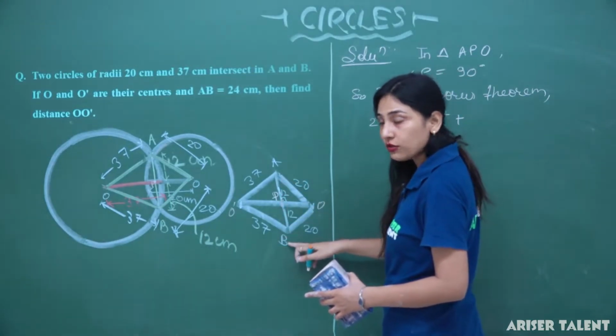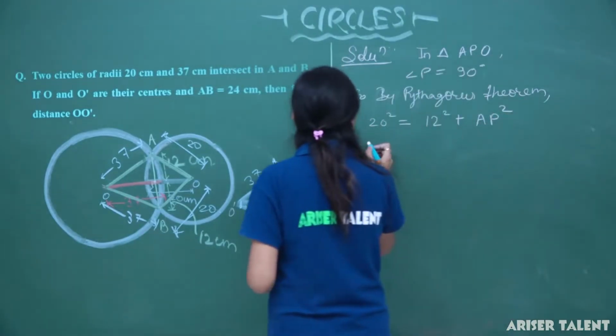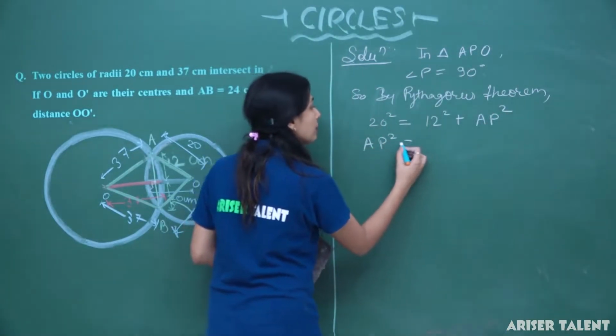Okay, so this will also be x. So can I write x or AP? Let's suppose AP here.